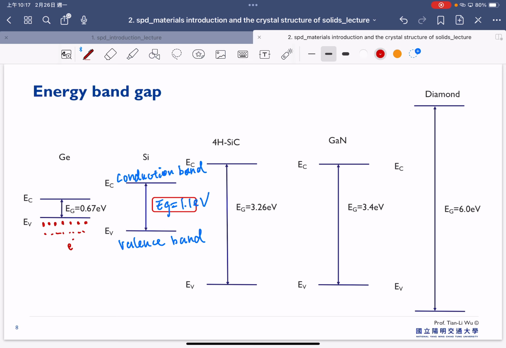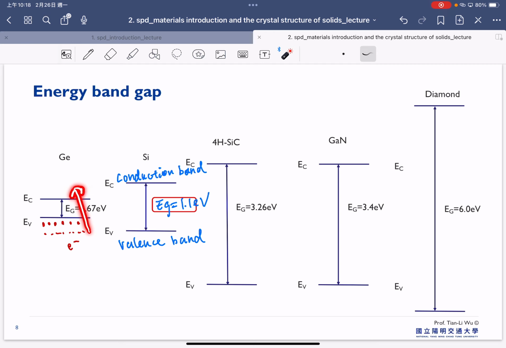So we have electrons here below the valence band, and during certain operation or certain temperature environments, these electrons will start to gain some energy, and they will start trying to jump across the band gap region.